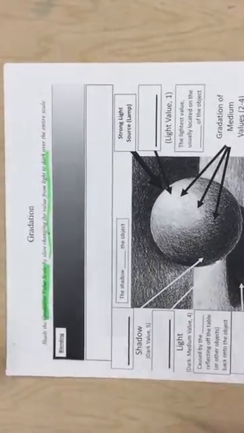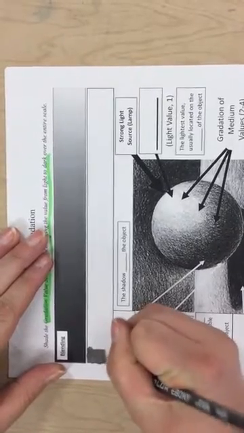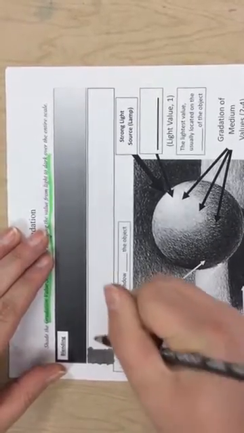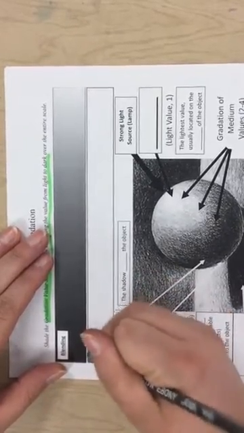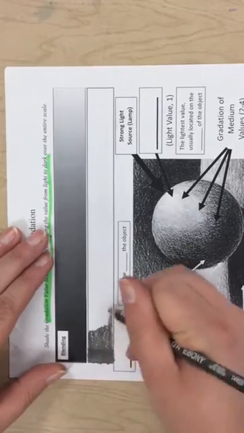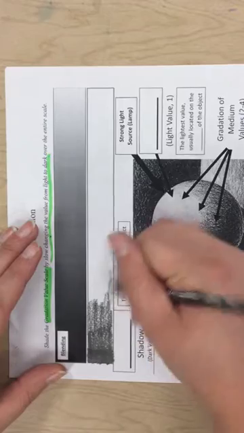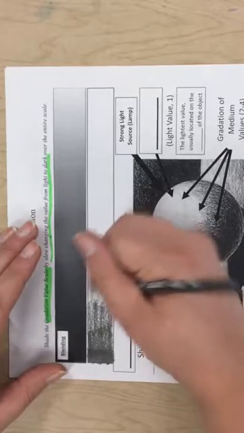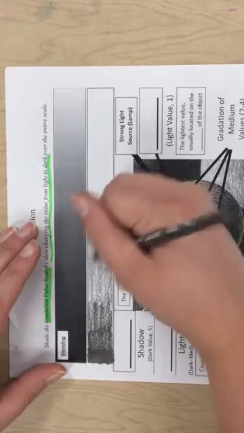What I'm going to do is start with the dark, press as hard as I can, and instead of making a very different value, I'm going to continue that. So instead of pressing as hard as I can, I press a little bit lighter, even lighter than that, even lighter than that.